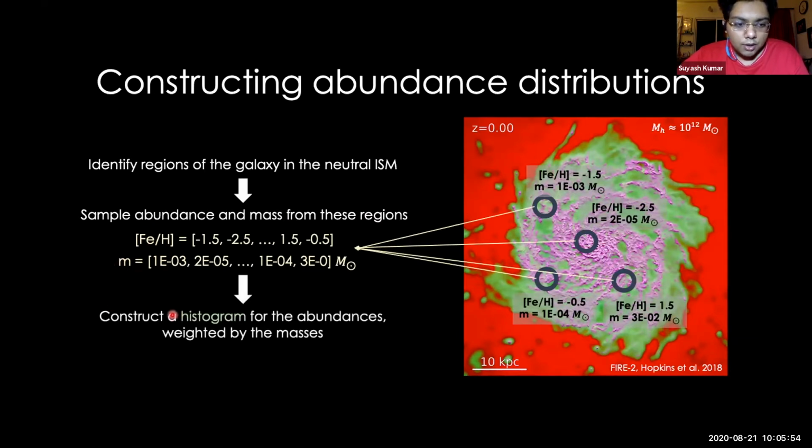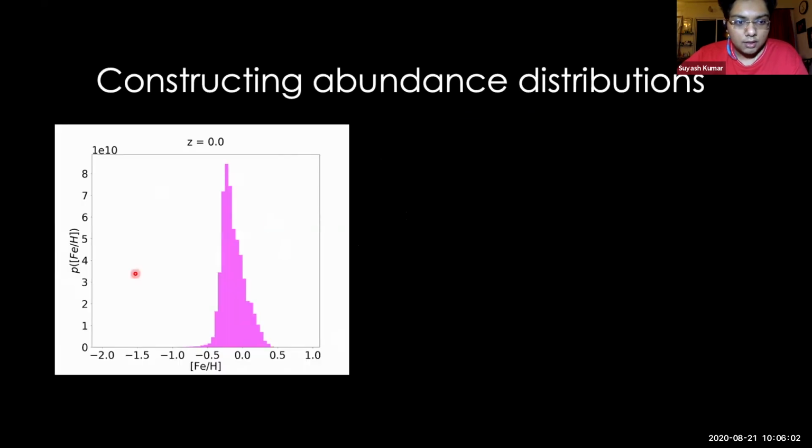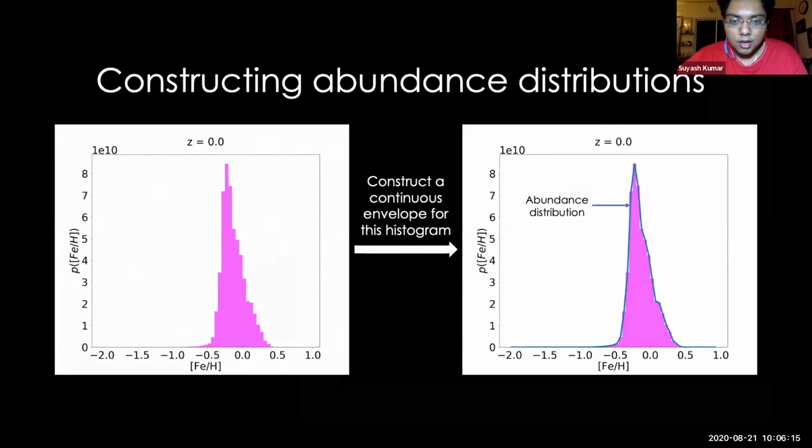And we go ahead to construct a histogram for these abundances, weighing by the mass distribution across the regions, which gives us something like this, a histogram. But we are actually interested in constructing a continuous envelope around this histogram, this blue line that you see here. And this blue line is exactly what we call abundance distributions.